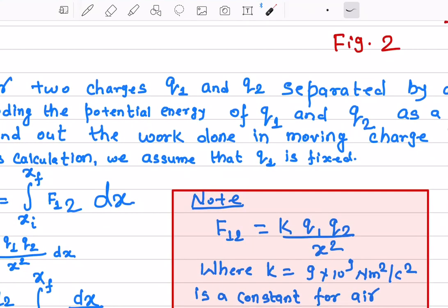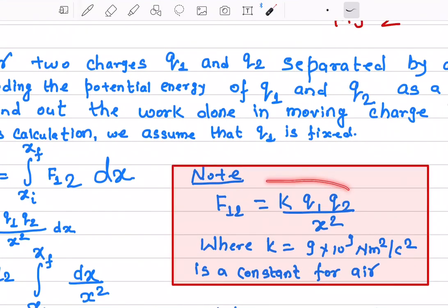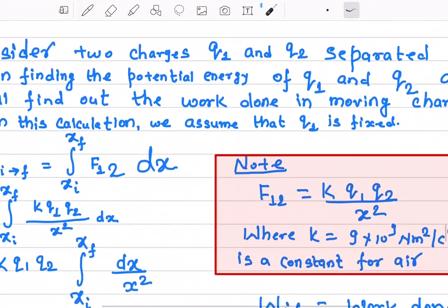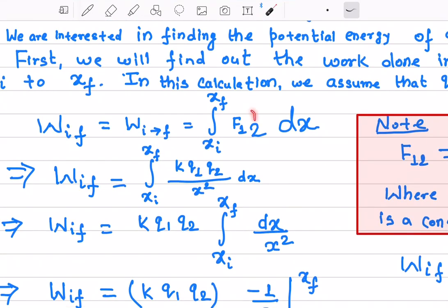By Coulomb's law, what is the force acting on this charge? The force acting on the second charge is given by K Q1 Q2 over x squared. And what is x here? x is the distance between the two charges at any moment.